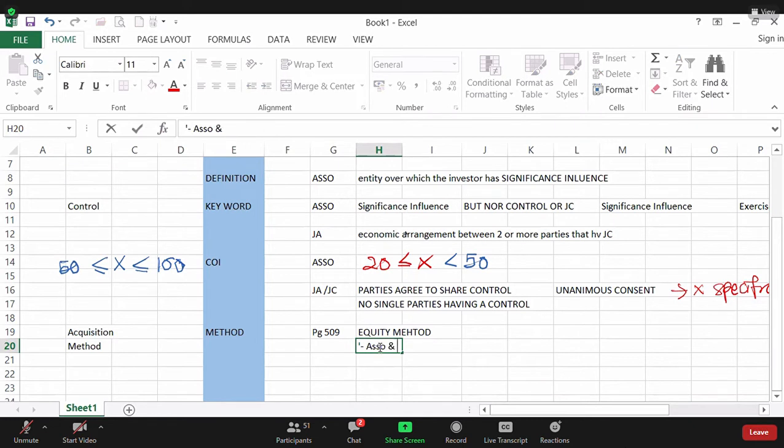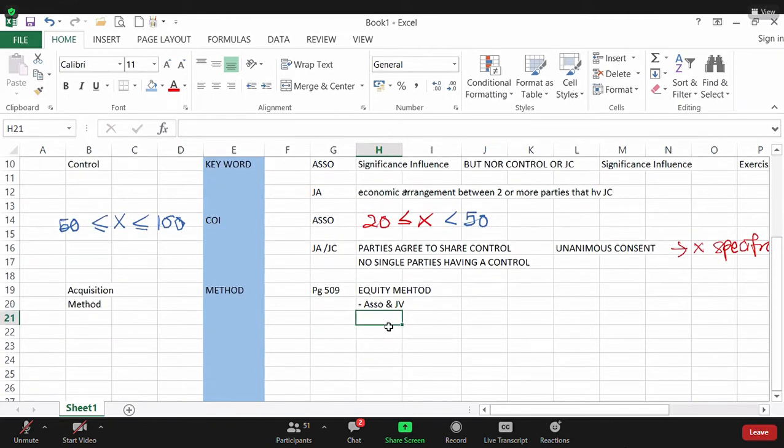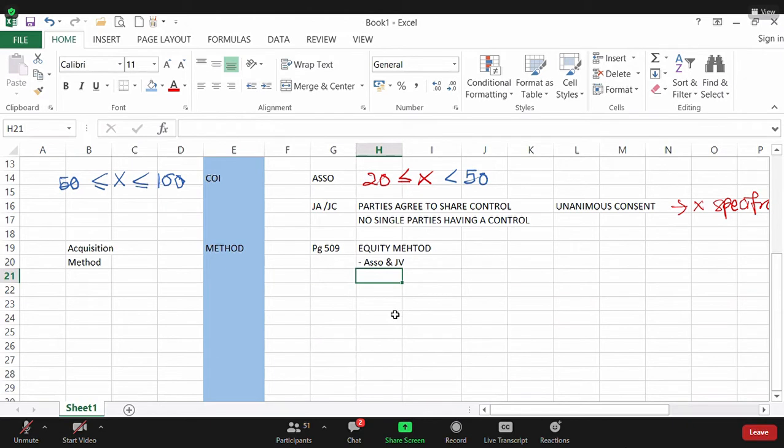Then joint control, joint arrangement, I just simply said JV. So this is equity method. You can highlight the format at the bottom of page 509.